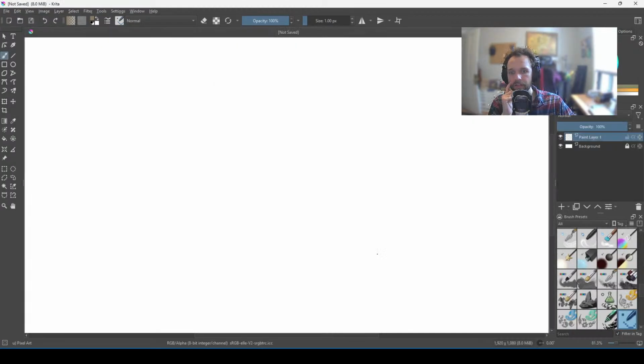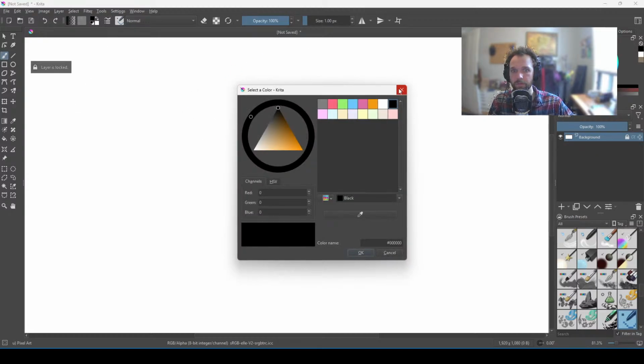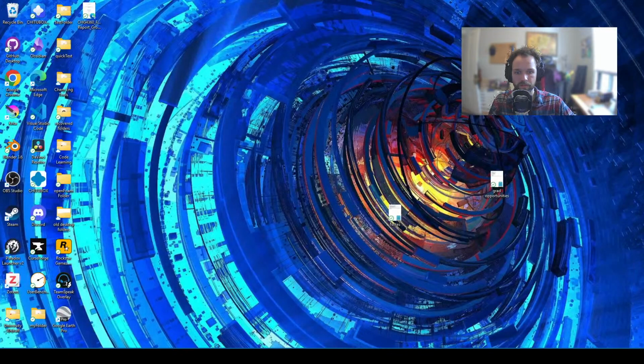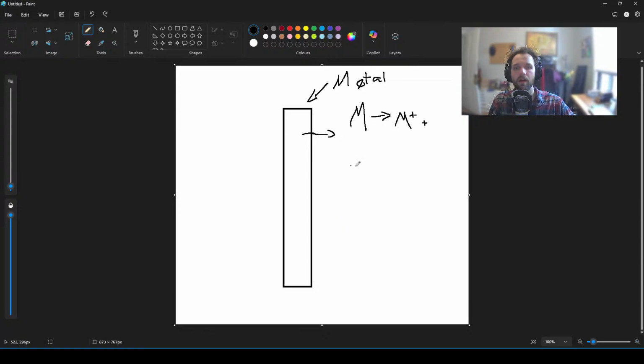New file, create, Control Z. Control Z isn't working on my keyboard for some reason. Oh! What was that? Do I have to hit it twice? Oh no, don't lock the layer. Okay, now it seems to be working fine. Working here. All right.